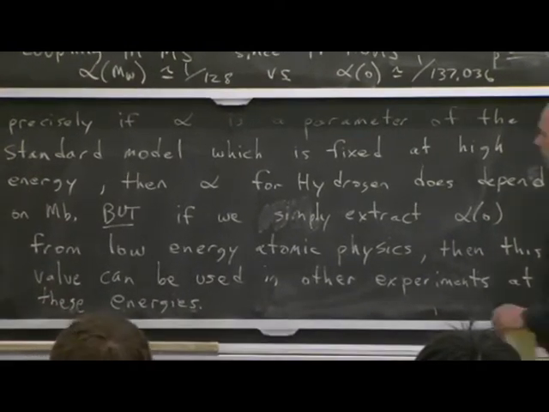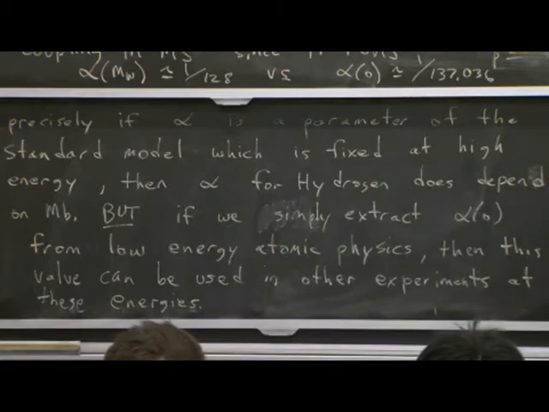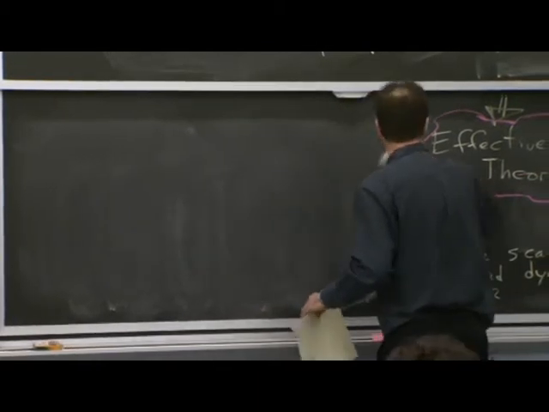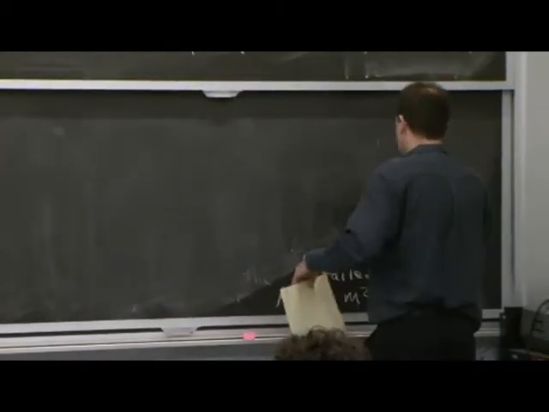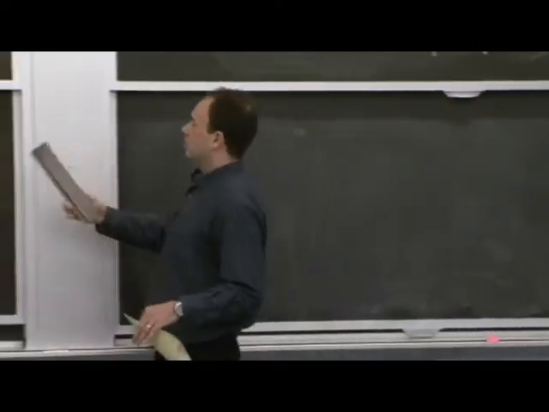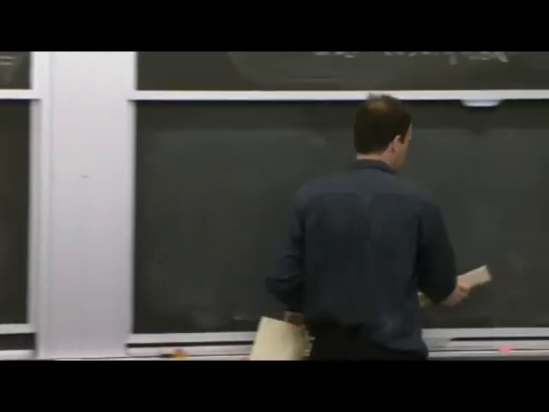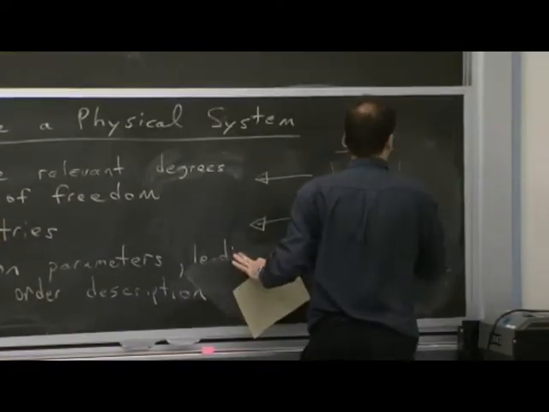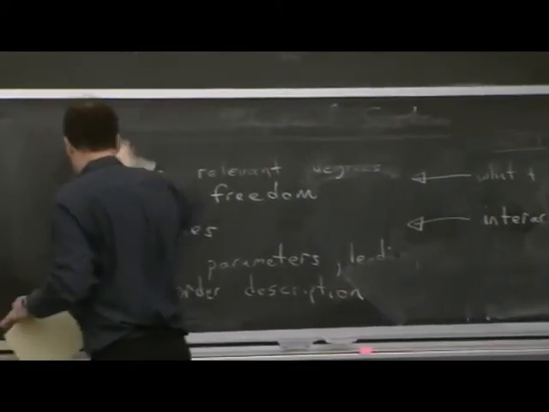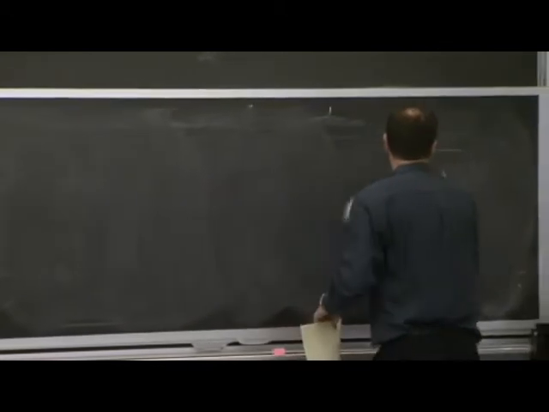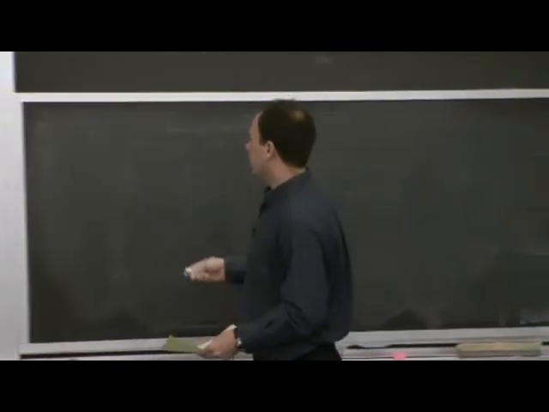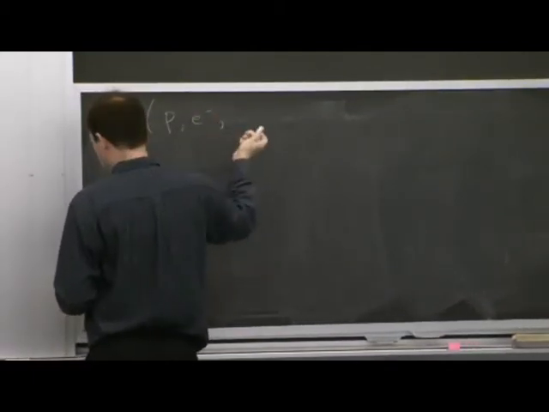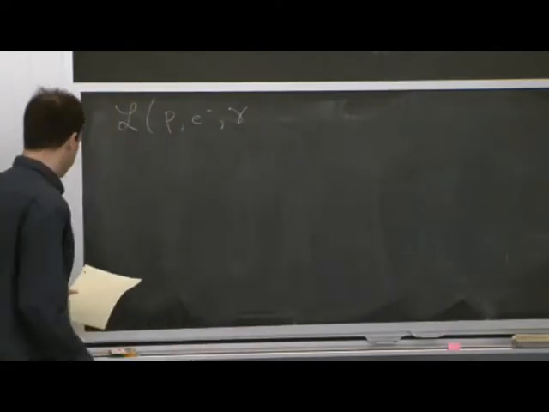So if we want to write an equation for that, what it means is that when you integrate out particles like the b quark, remove them from your theory, stop considering them, it's not simply the case that you generate higher order terms in the series. You can also affect what you mean by the leading order term, in the sense of changing what you mean by the coupling. So if I write it in terms of the Lagrangian, the Lagrangian for hydrogen, if we include the b quark, well, it's got our proton, electron, and photon.